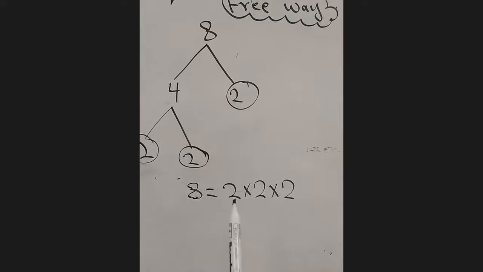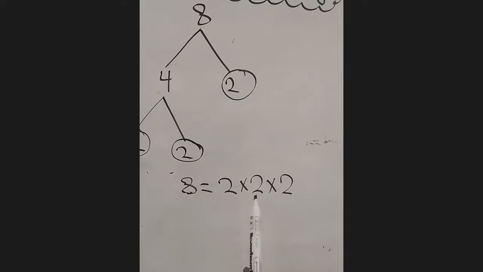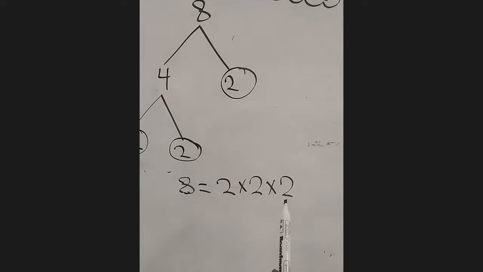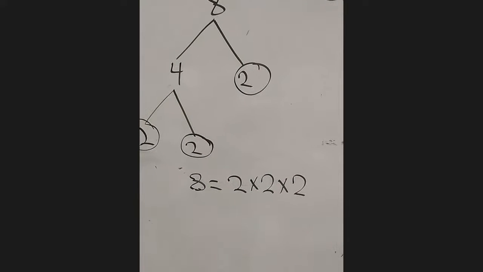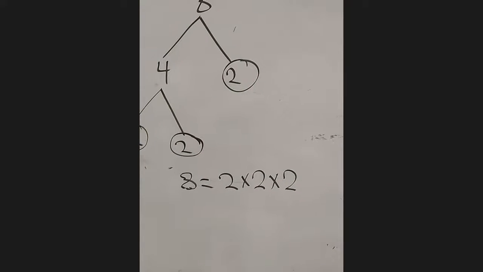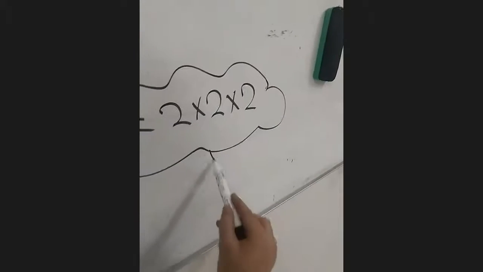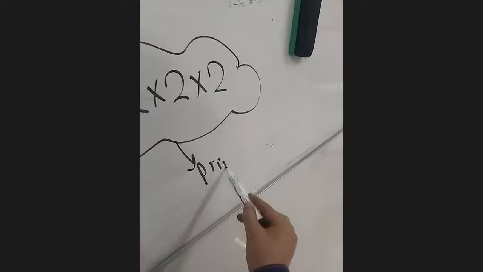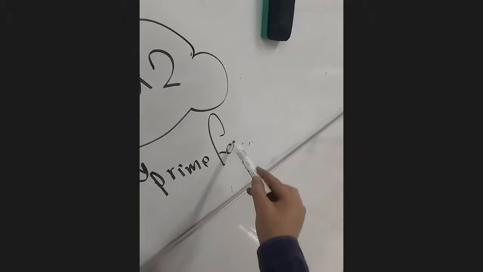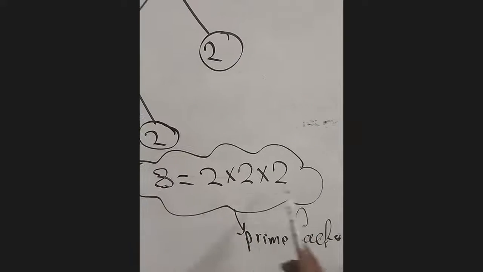Yes. 2 multiply 2, how much? 4. 4 multiply 2, how much? 8. Got it? Yes. What do we call this, guys? This we call prime factorization. Why prime? Because the 2's here are primes.